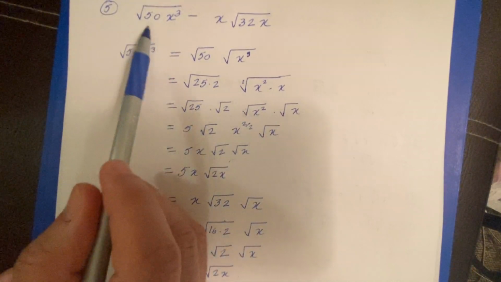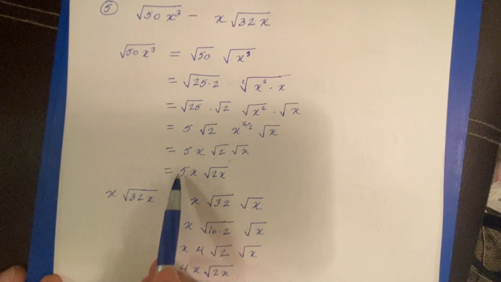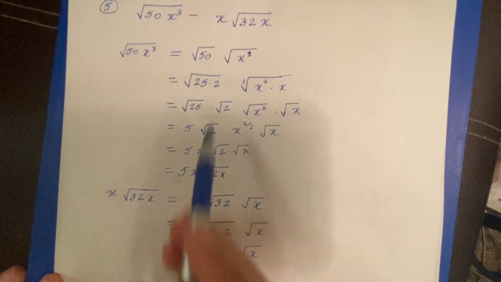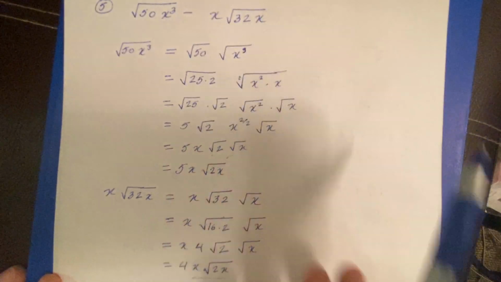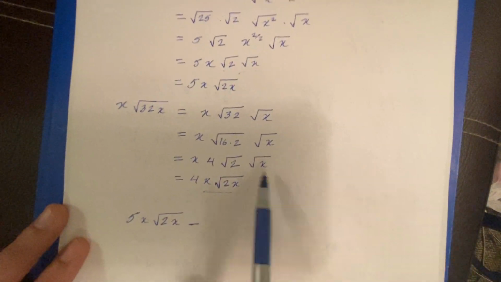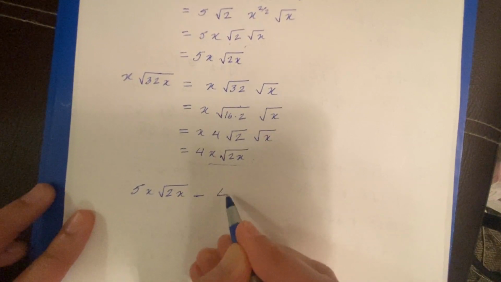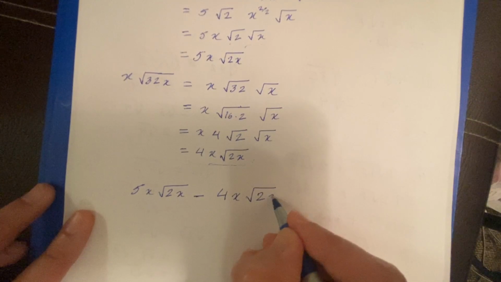So now when we are combining these two, we have square root of 50 times x to the power 3 is 5x times square root of 2x minus, and we said this whole thing is now this, so this is 4x times square root of 2x.